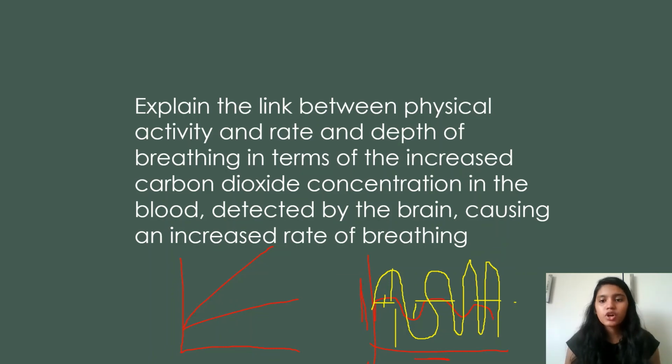There's a concept called homeostasis, which is basically about maintaining a constant internal environment. That is, certain values of the body, like your hemoglobin count, your blood sugar count, your temperature, your pH have to be within fixed, set limits.